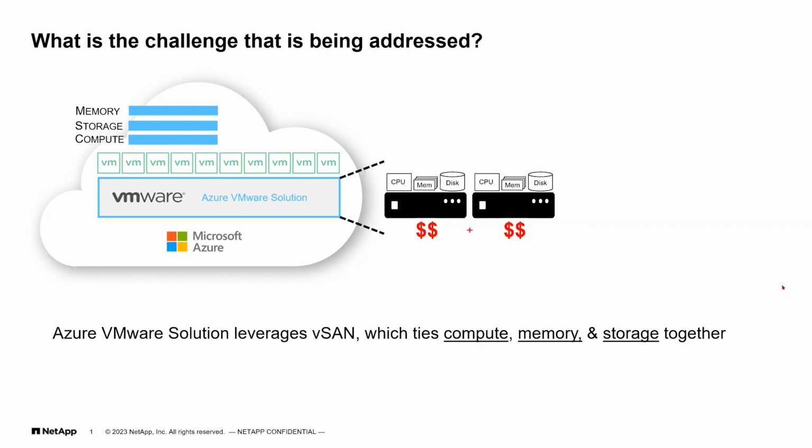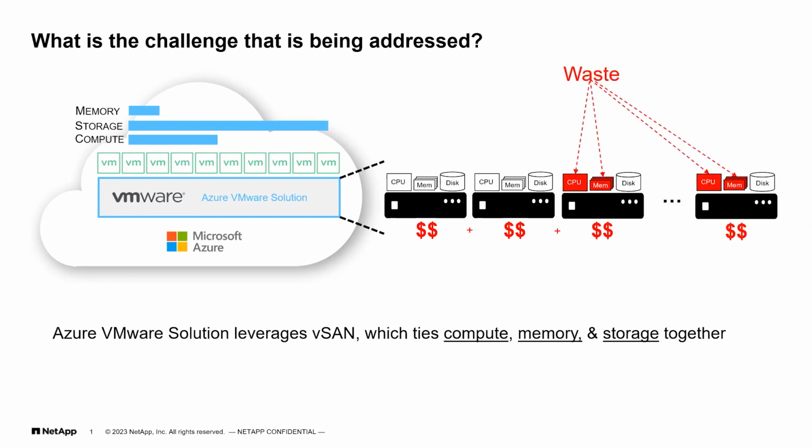And when you lose that uniformity and you get into the situation where you've got much more storage than you do compute or memory in comparison, that will introduce a situation where your only option outside of the use of Azure NetApp Files is to expand the cluster with additional nodes. And the result of that is, at the end of the day, cost waste or inefficient cost. You are spending money on CPU and memory that you're simply not using, you're just buying them to get the disk.